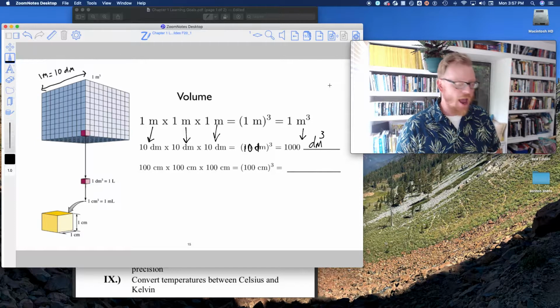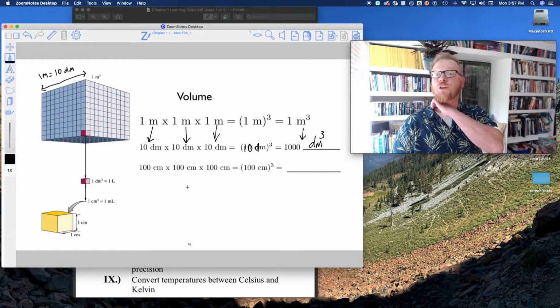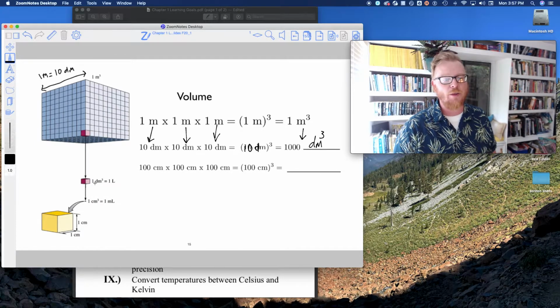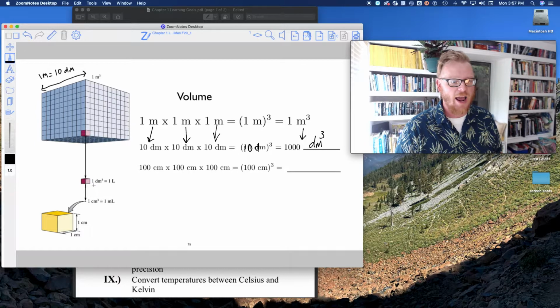And so now we can't draw enough of these to get to a cubic centimeter, but hopefully you can see where this is going. And also, by the way, you notice here that 1 cubic decimeter is the same as a liter. Okay? That's kind of cool. So 1 liter is 1 cubic decimeter.